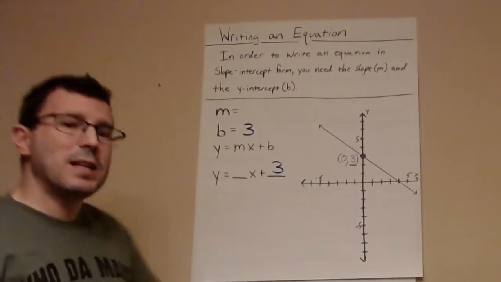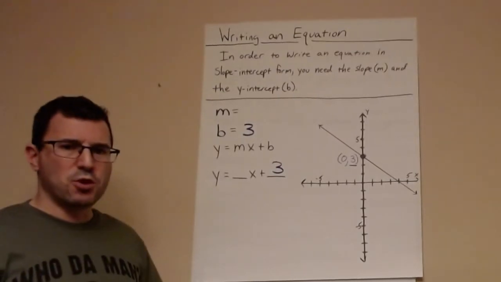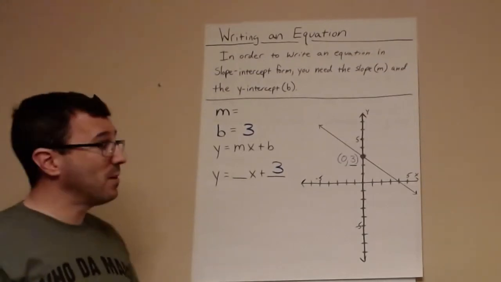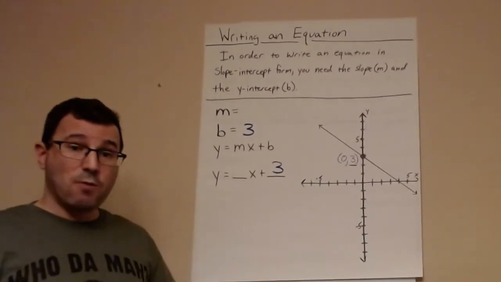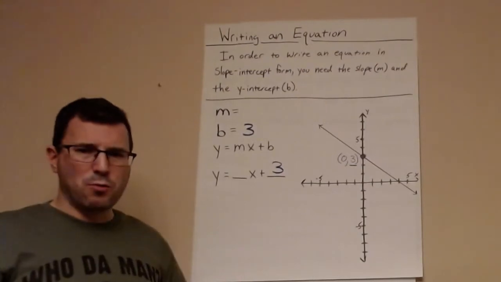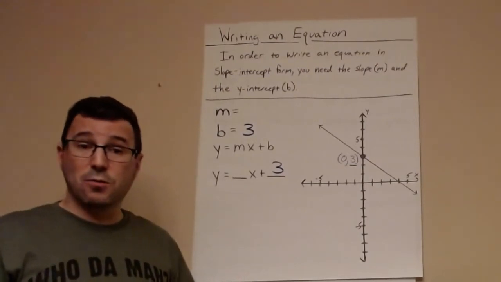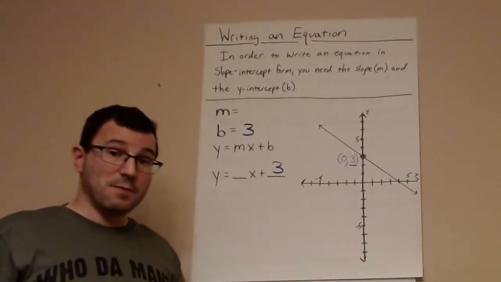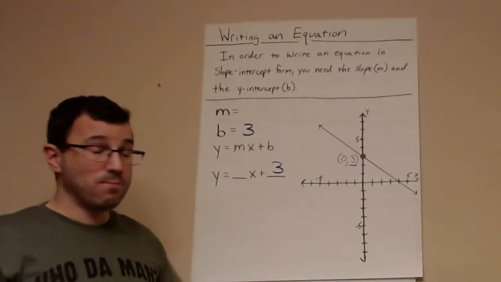Now comes the thing that is usually a little bit more tricky, which is finding the slope. When I have a graph, I have multiple ways I could figure this out. I could do the slope formula, which is y2 minus y1 divided by x2 minus x1.